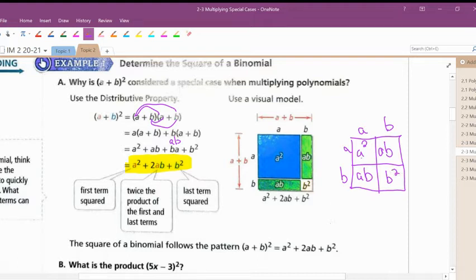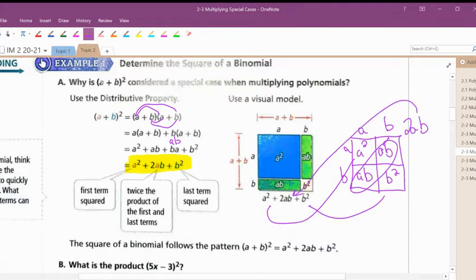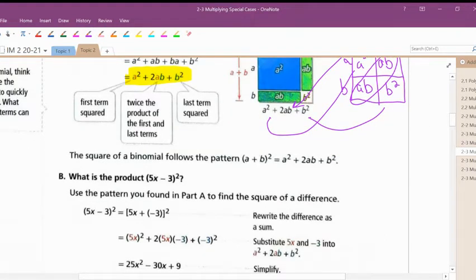So yeah, we still get the same thing. A squared, b squared. And these two give us 2ab. That's what we have here. So it's the same thing, except they're dealing with algebra tiles. So here is our pattern and what we need to know. A plus b squared is a squared plus 2ab plus b squared.